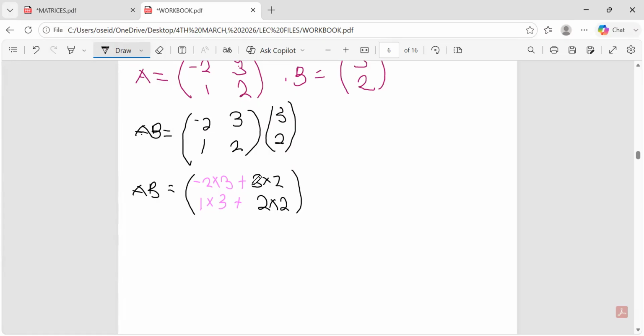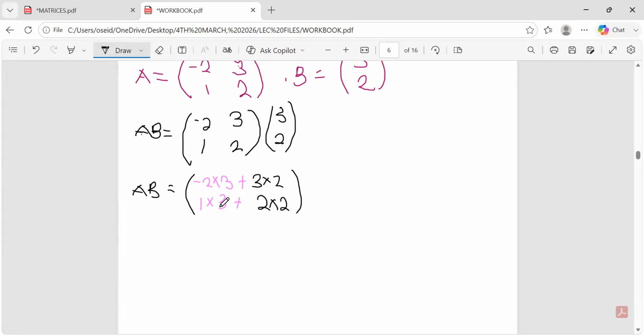Always make sure that the numbers you are multiplying in the second column are in line. If you look at the 3, we've been using the first entry in matrix A, multiplying the first component in matrix B. It's only the first entries that differ; the second entries you are multiplying do not change.